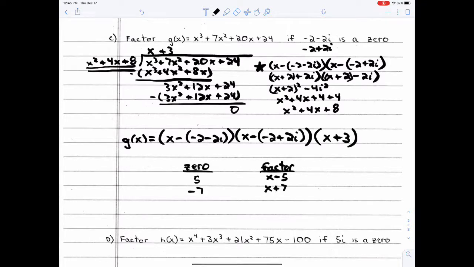Let's say it's negative 3 plus the square root of 7i. Okay, so what's the factor? x minus negative 3 plus square root of 7i. And if you leave it like that, it'll be easier to tell what the zero is from the factor.